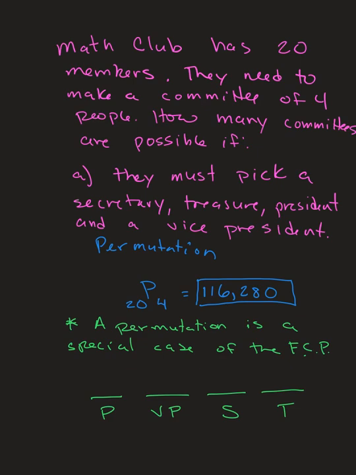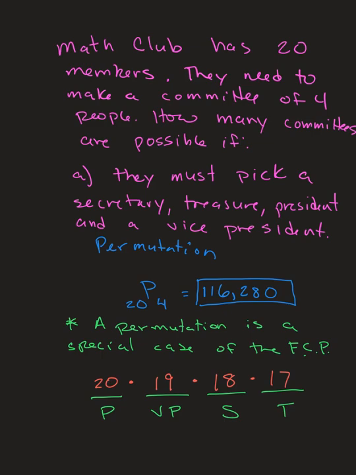Right, I have 20 people. Okay. And then somebody's going to be president. So then how many people would I have left for the vice president? That would be 19. And then somebody gets picked for that. So we have 18 people left, and then 17, and we multiply those all together.